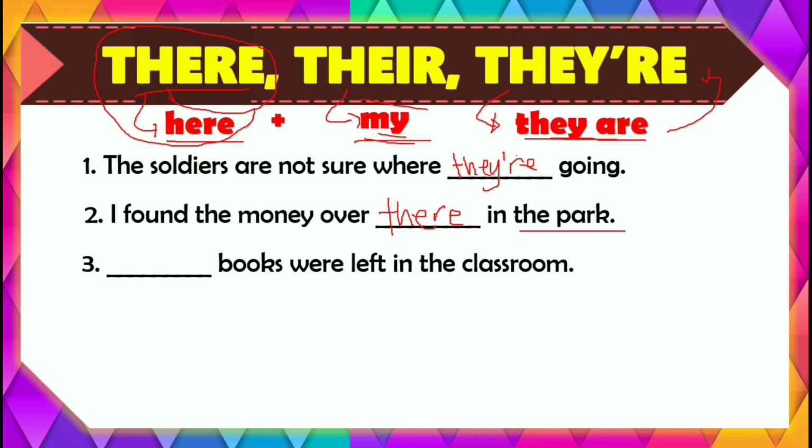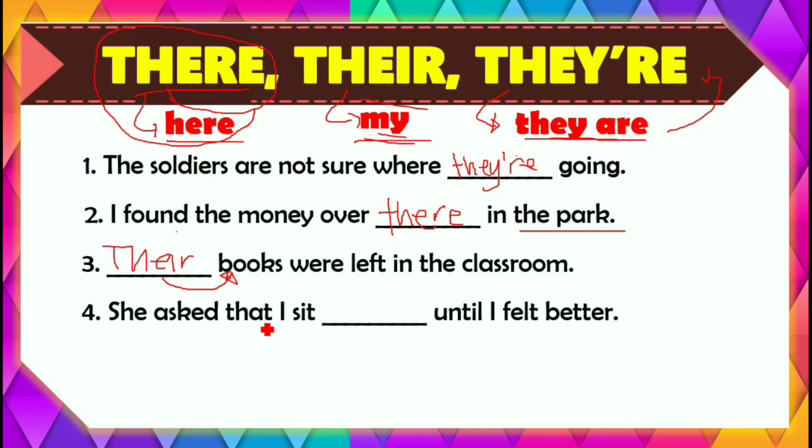What about "their" or "here" books were left in the classroom? Our answer is this there, T-H-E-I-R. So it is the possessive adjective. It refers to books. Whose books? It's their books. Not your books, but their books.